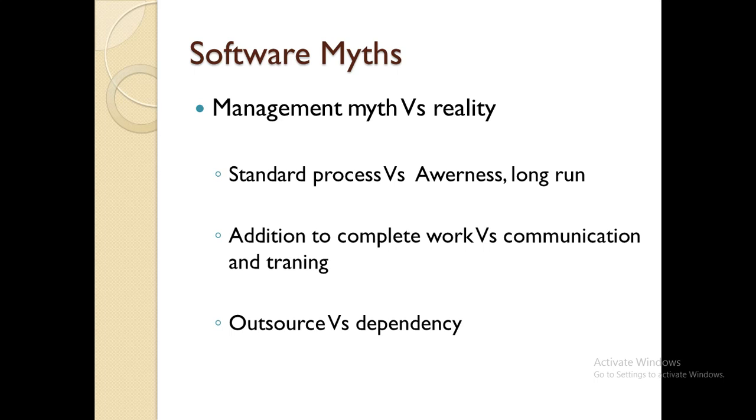So if we consider these three entities important, then why do projects have problems? We know clearly that the customer will give the requirement, the developer will develop it, and management will support the development. Then still, why do projects fail? That we have to understand.